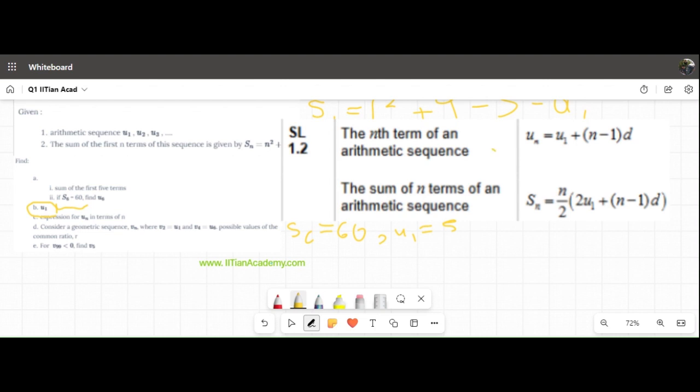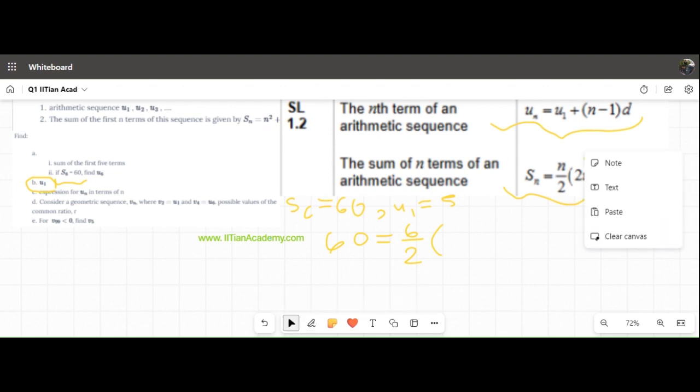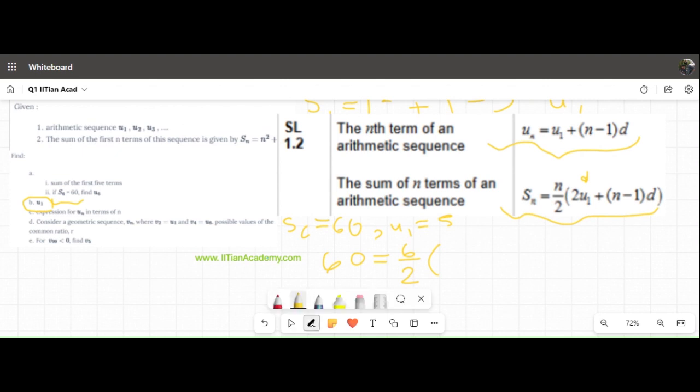So to find our general equation, we want to find d. We can do that by using the sum of the first 6 terms and then isolating for d. Using the equation for Sn, where S6 is equal to 60, we will say that 60 is equal to 6 over 2, times 2 times the first term u1, which is equal to 5, so this becomes 10, plus n minus 1, and we're looking at the sixth term, so this becomes 5 times d.